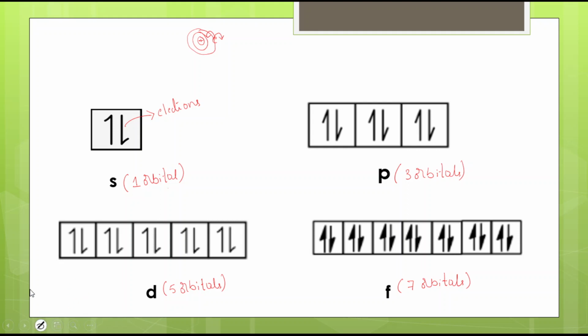One in clockwise direction, that is in this direction. One in anti-clockwise direction, that is the reverse. So the upward direction, whatever is there, shows the spin in clockwise direction.